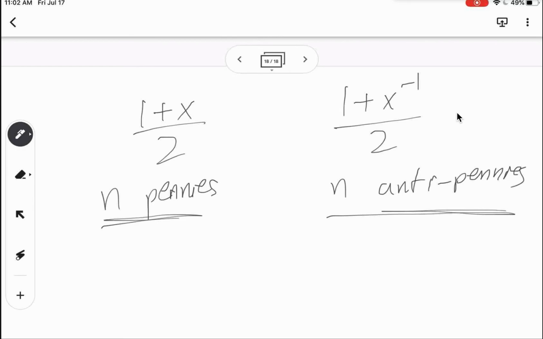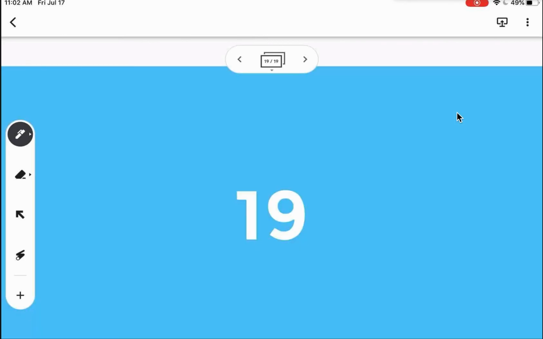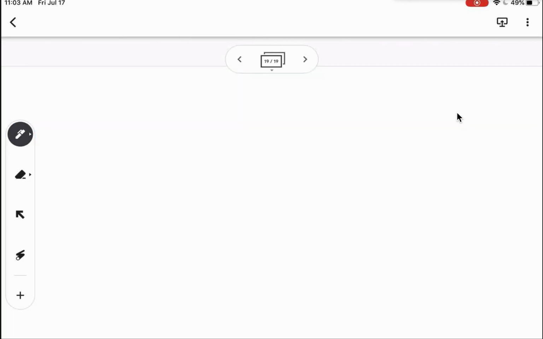And remember, an anti-penny either has 0 heads or negative 1 heads, each with probability 1/2. So what it would look like would be, 1 plus x over 2 to the n times 1 plus x to the negative 1 over 2 to the n, right?